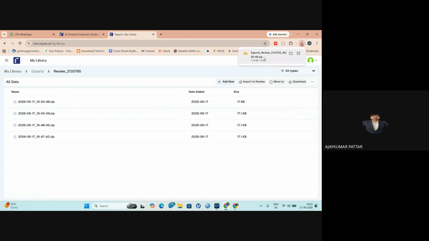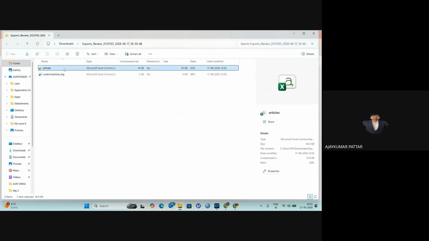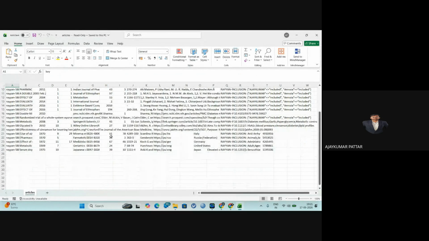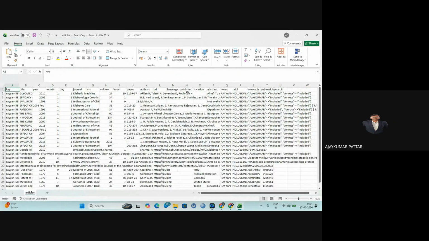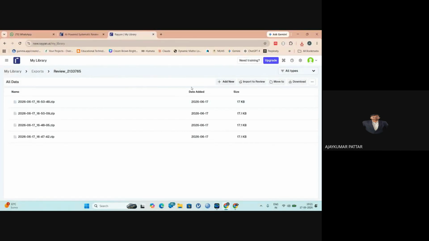Here now it is downloading. Can you see here? What is the mistake I have done? I am simply seeing here.